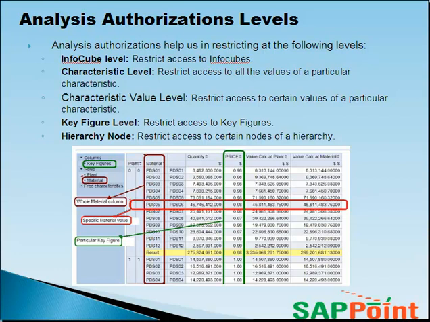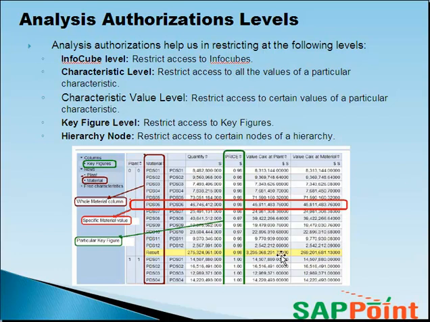Now analysis authorization can help us in restricting the data at the following levels. So you can restrict data at the info cube level. You can restrict data at a characteristic level. So depending on a particular characteristic, you can build a security around that.